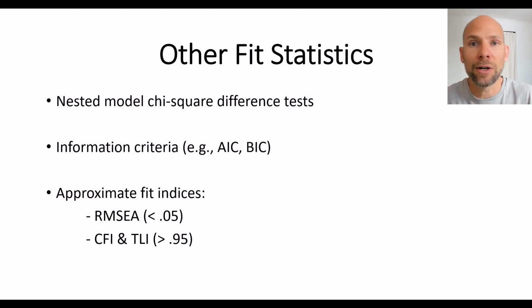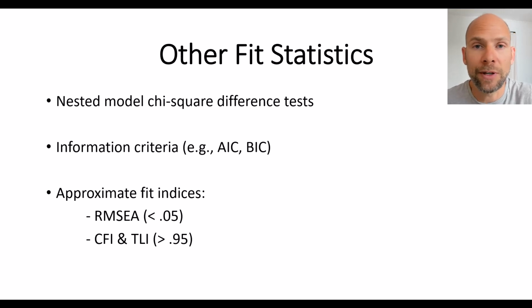The CFI and TLI compare your target model to a baseline or null model that postulates that there are no covariances between the variables. And so those indices should take on values greater than or equal to 0.95, I guess. So we would then see them as being adequate when those values are close to 1.